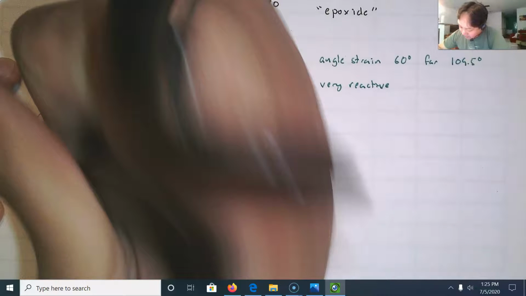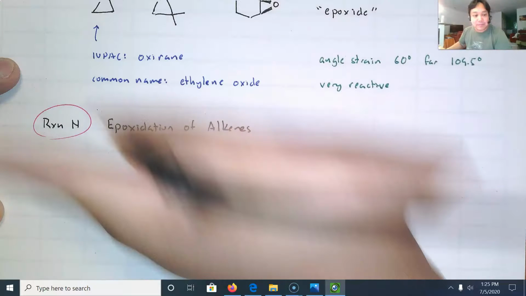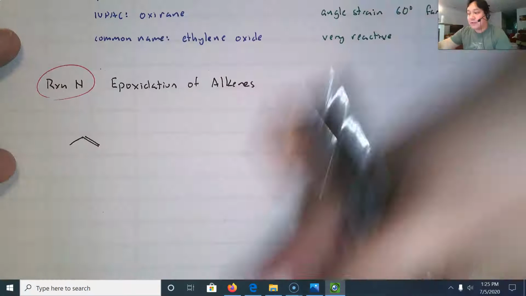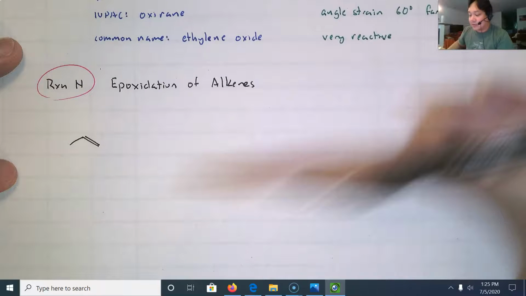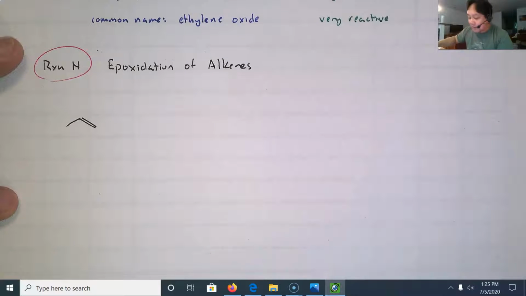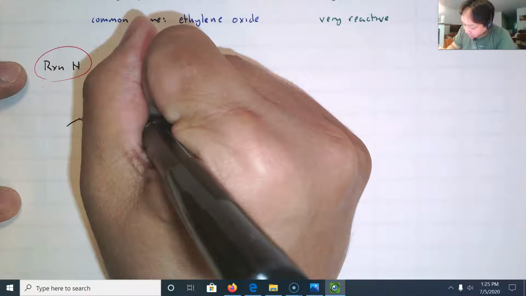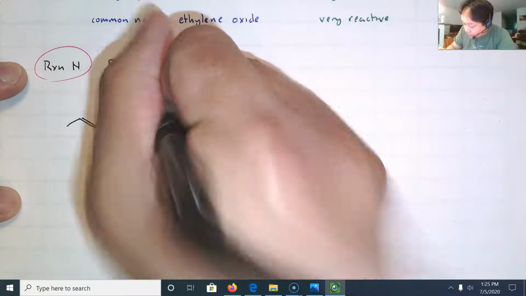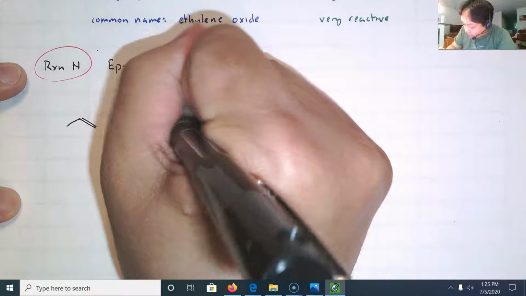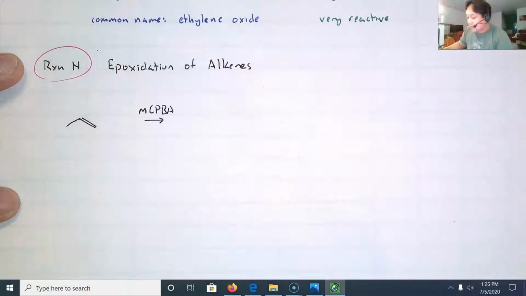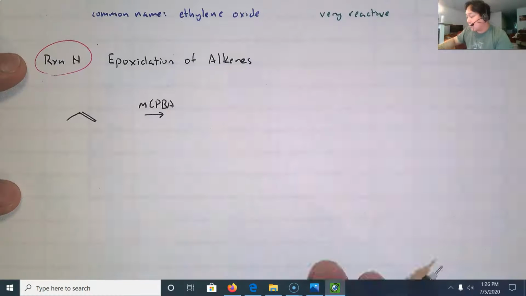Let's take propene. And I'm going to introduce an unusual reagent. It's called MCPBA. And sometimes the M is capitalized, but I typically don't. MCPBA. Okay, we'll get to what that is exactly later.